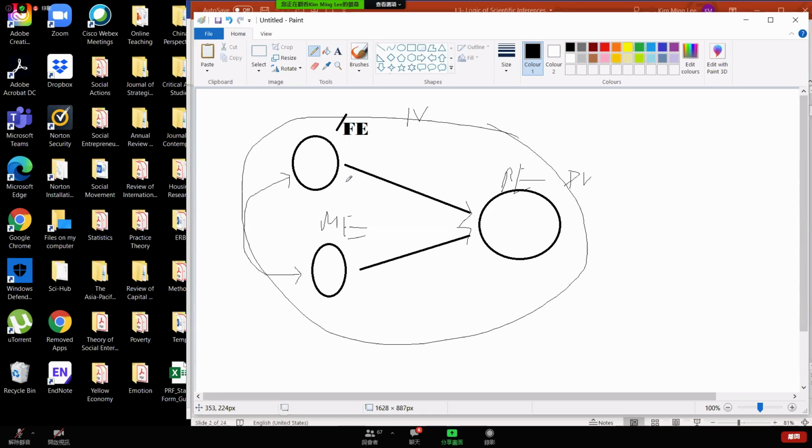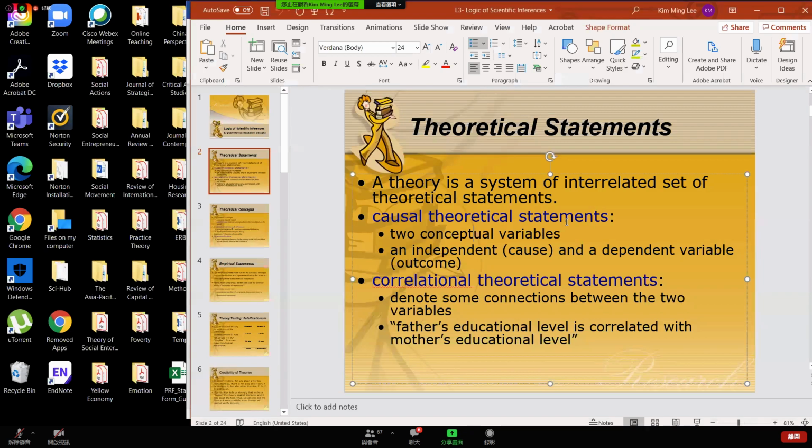Every line is a theoretical statement. We have three lines: this is correlational, 1, 2, 3. So this is the theoretical statement.